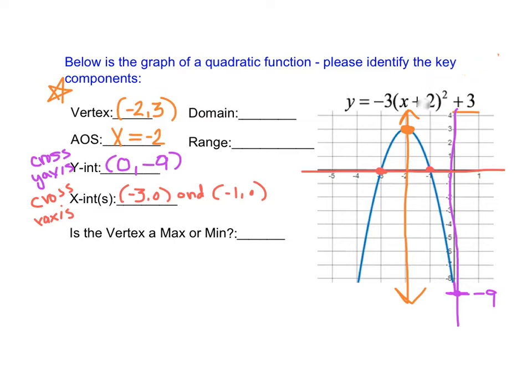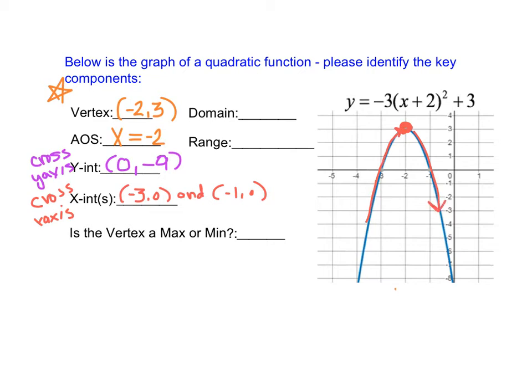Now the next thing we're going to do here is determine if the vertex is a maximum or a minimum point. So this is where we're going to look at the shape of the graph itself and determine, is it a minimum or is it a maximum? What I want you to notice here is that our graph is going up, up, up, and it hits this high point here, and then it's going down.